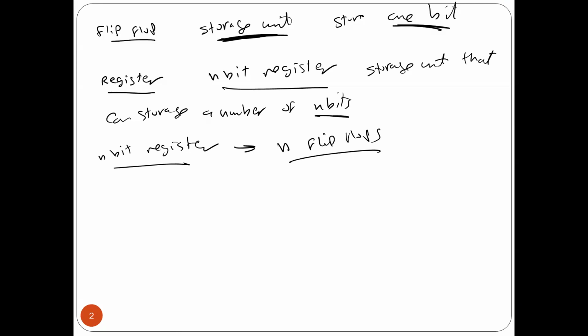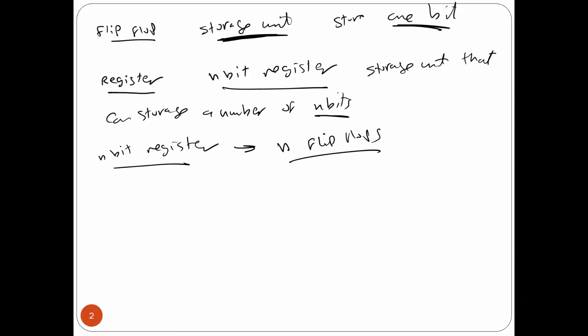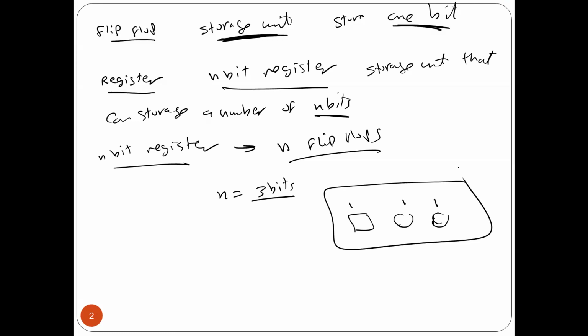Is that okay? But you need to be careful here, I don't want you to misunderstand what I said. For example, if n is 3 bits, these 3 bits are going to be stored in 3 flip-flops. So here I have 1 bit, 1 bit, 1 bit here. All of this is a register.